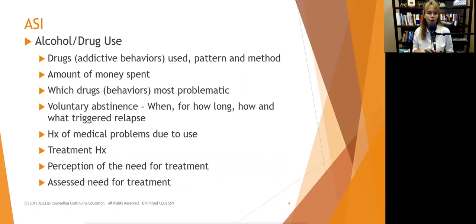Because in every treatment program people go through, there are going to be parts that are really useful, and parts where they're like, I have no idea why I had to do that. So we want to ask, because that helps us learn more about our clients and what's going to work for them when we get to treatment planning. We want to focus on doing those things that already worked and not redoing the things that didn't work.